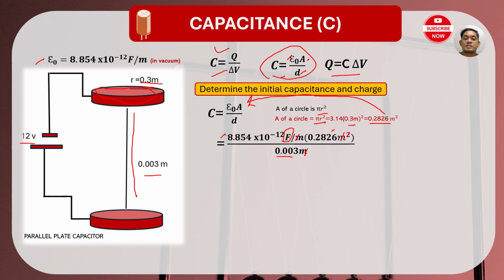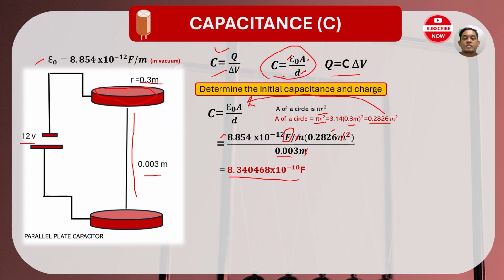It makes sense because the capacitance unit is farad. If you plug in all these values in your calculator, it will give you this answer. It's 8.340468 times 10 raised to negative 10 farad. Or if you apply the sig fig rule, you look at the numbers here, we divide certain numbers so we have to follow the least limiting factor.